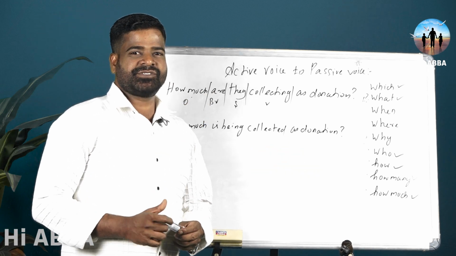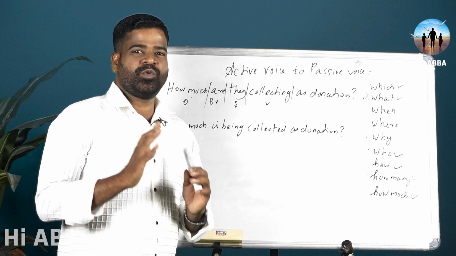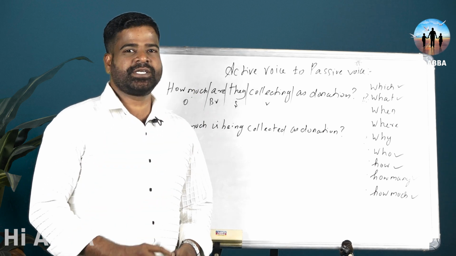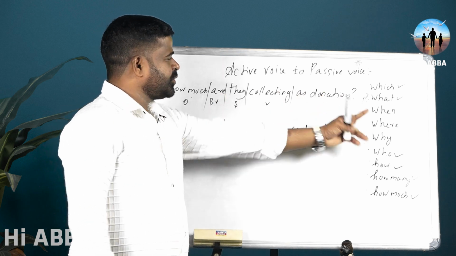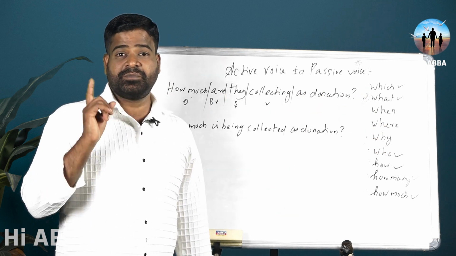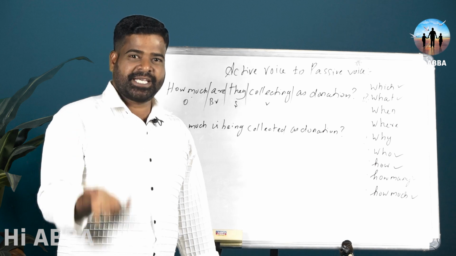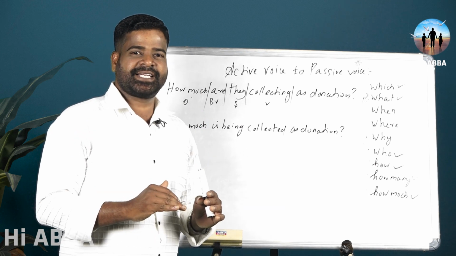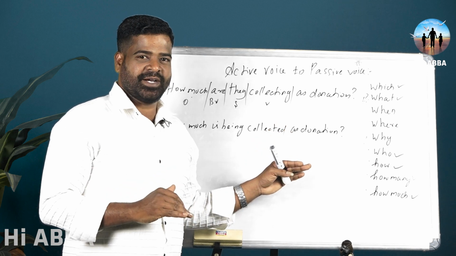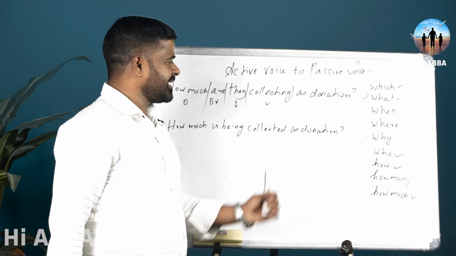So in this video we have seen that a WH question will stand as a WH question alone in certain sentences, but in certain sentences the WH question will be treated as an object. That becomes an object, and therefore it is changed into a subject in the passive voice, and for that we have seen certain examples.